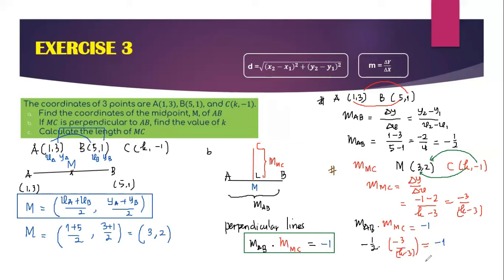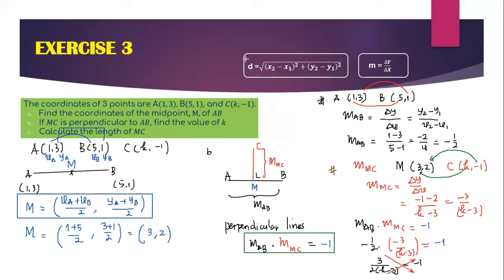How to simplify this one? That's very easy. Minus times minus will be positive, so 3 over 2 times k minus 3 equals minus 1. And now we're going to do the cross multiply, right? This one and this one.